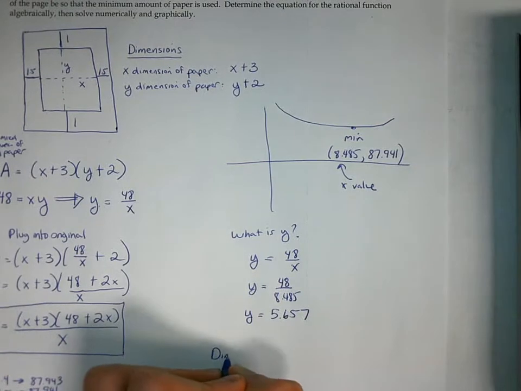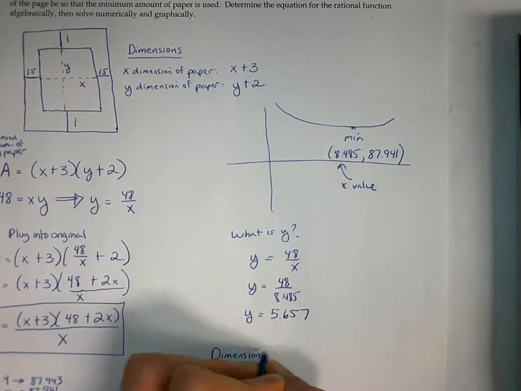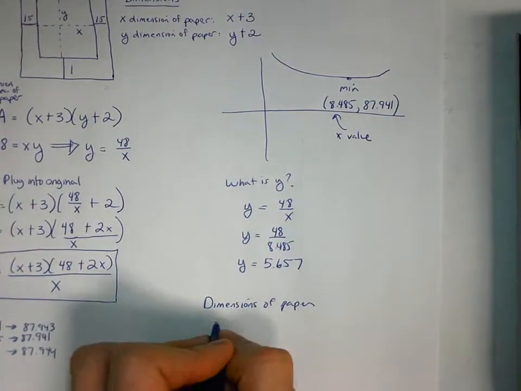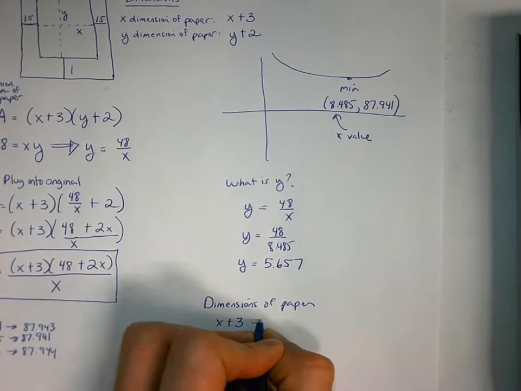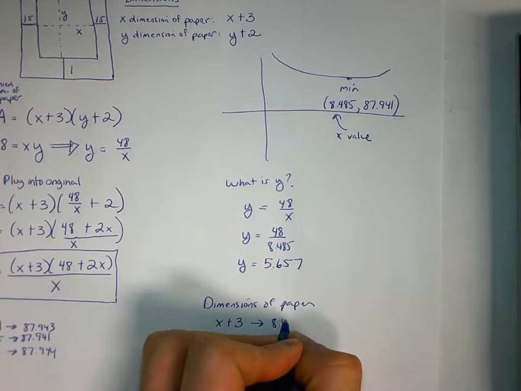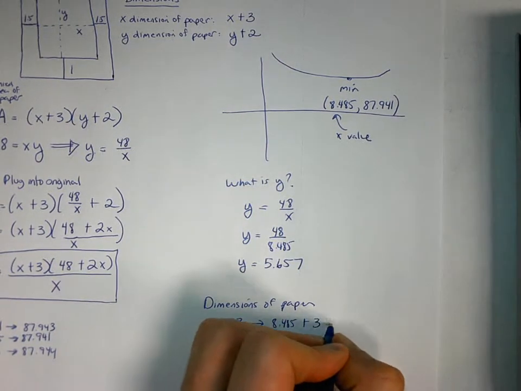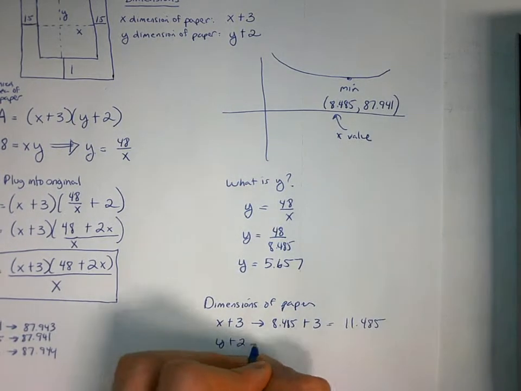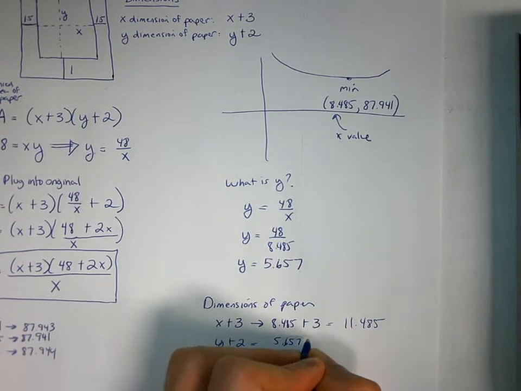My final thing is I want to find the dimensions of the paper, which is x plus 3 and y plus 2. So the dimensions of the paper, if I say x plus 3, that's going to give me 8.485 plus 3, which is 11.485.